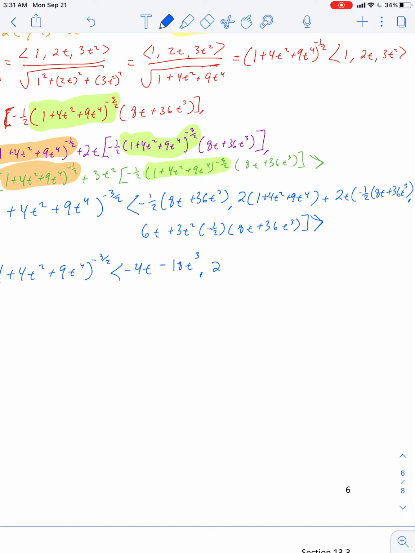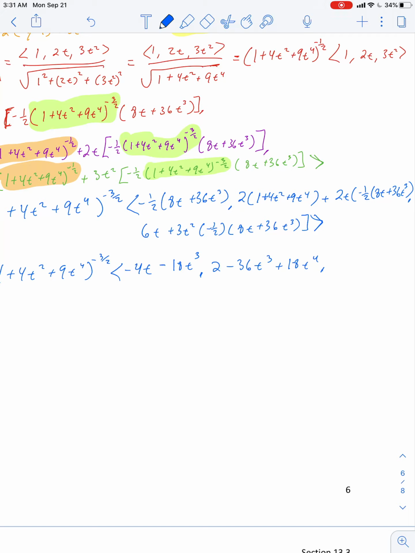And then 18t⁴ minus 36t, so minus 18t⁴. I want to make sure and check my work. That's just going to be 18t⁴, so 2, negative 1/2, so minus 8, so minus 36t³ plus 18t⁴.